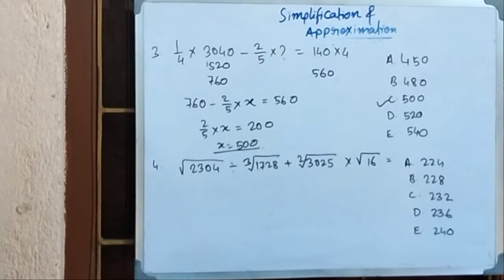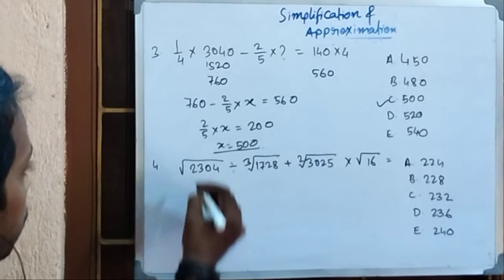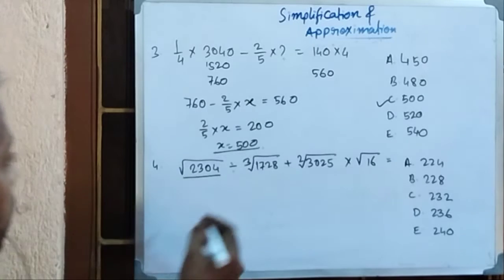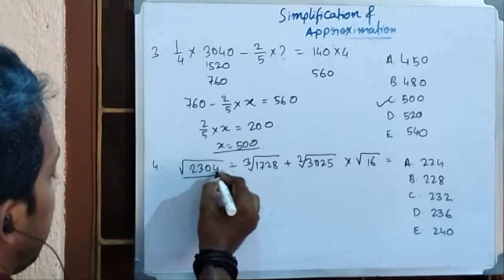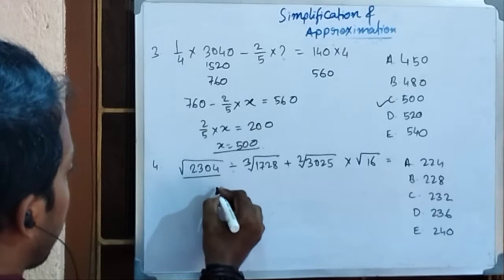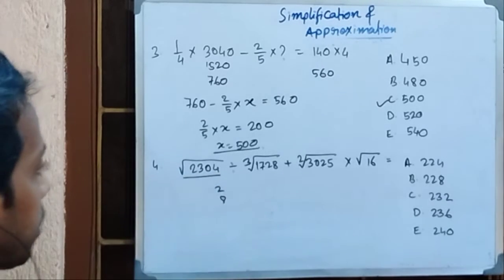All the numbers are given in either square form or cube form. So first of all, 2304. How can you remember this? The unit place is 4, so either 2 or 8 comes in, right?